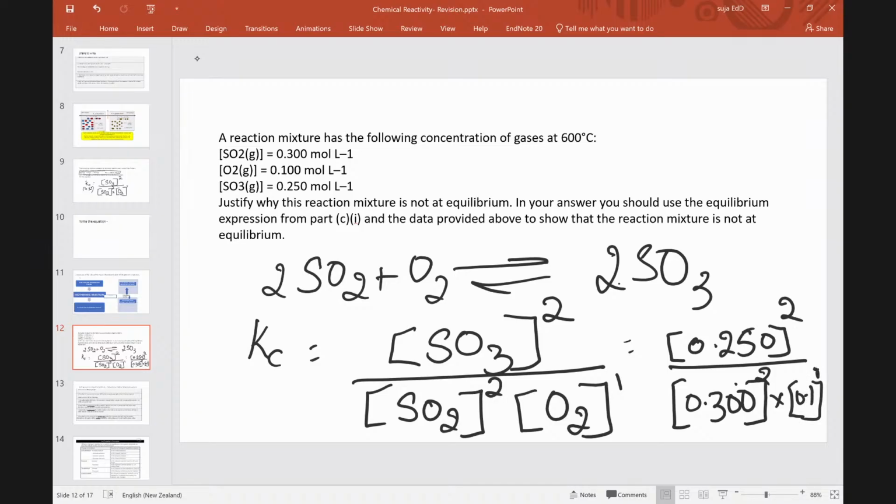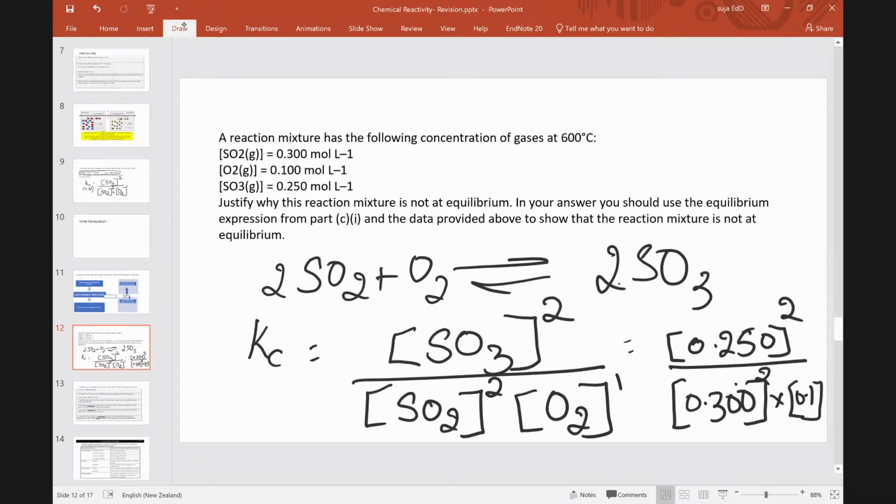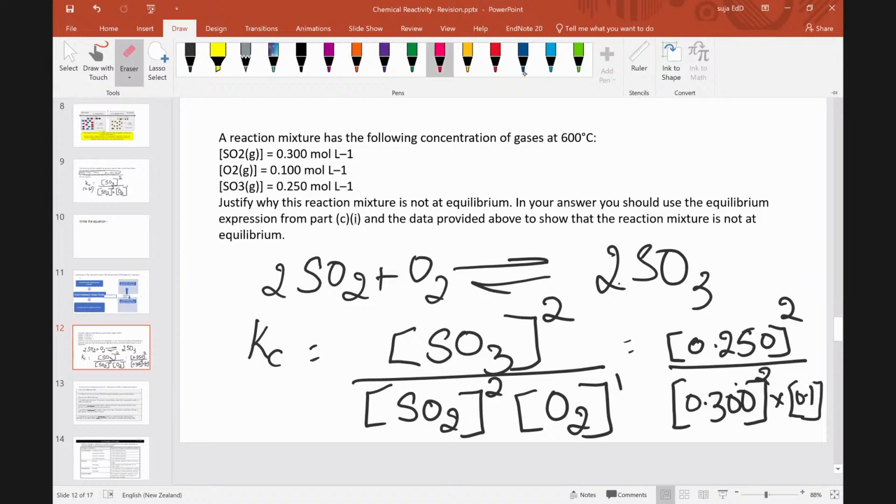It is just 1. I just accidentally put it there. You don't need to, it was just to show you. Then you put it in your calculator and calculate it.